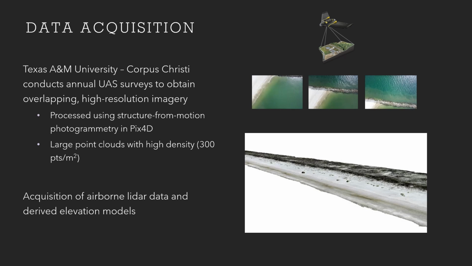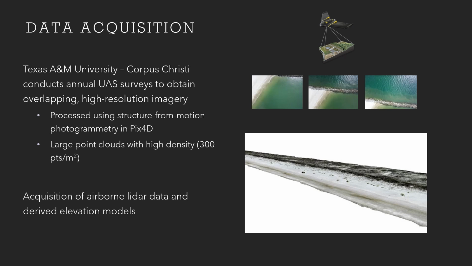We have a SenseFlight eBee Plus that we use and a WingtraOne. So ultimately, we use those in order to collect overlapping images. And then those overlapping images are imported into Pix4D in order to process them using structure from motion photogrammetry, which is essentially a way to use two-dimensional overlapping images to generate a three-dimensional model, or what we call a point cloud.